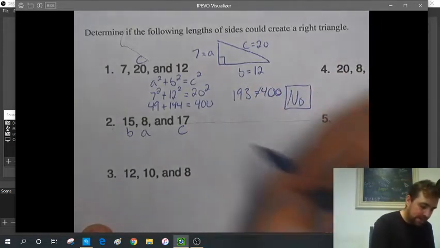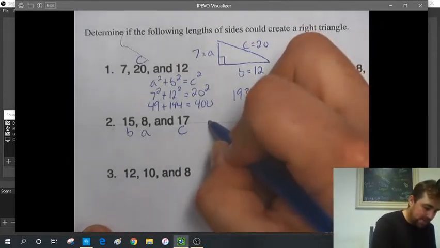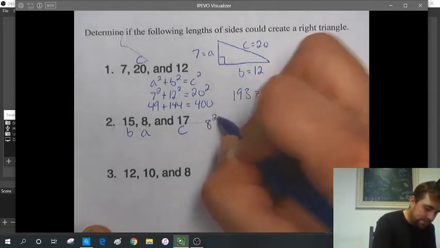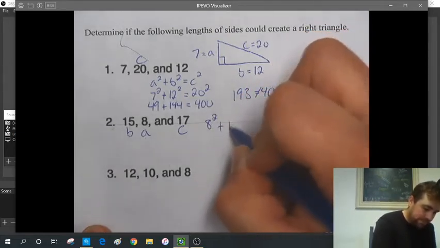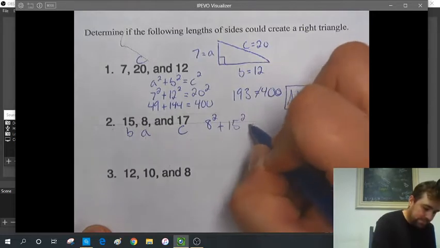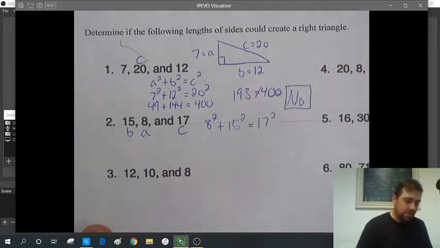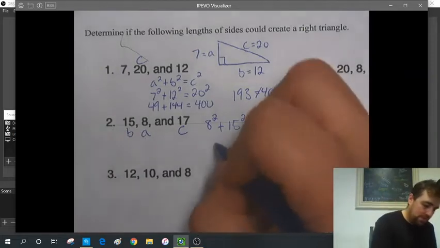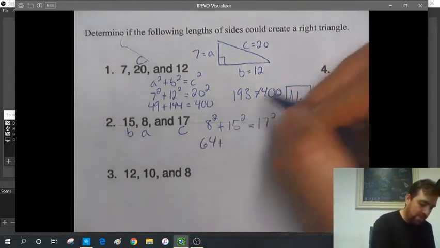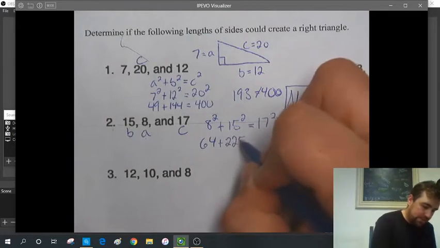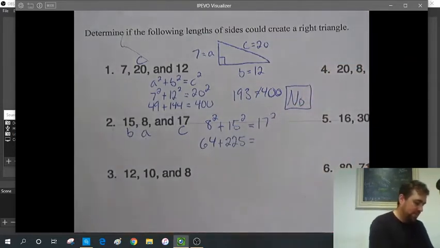So substituting that in to the Pythagorean theorem, we would have 8 squared plus 15 squared would need to make 17 squared. Okay. So that would be 64 plus 225 would have to make, I believe, 289.